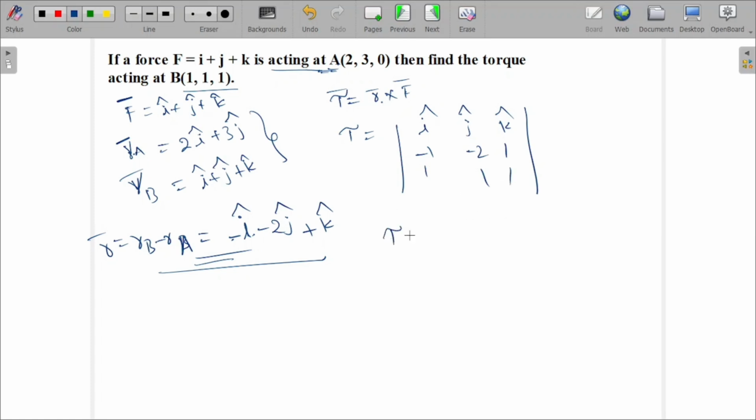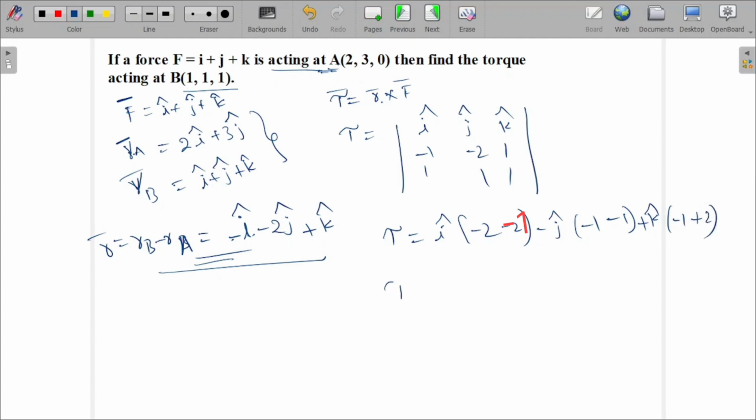Now torque equals i cap of minus 2 minus 2, minus j cap of minus 1 minus 1, plus k cap of minus 1 plus 2.